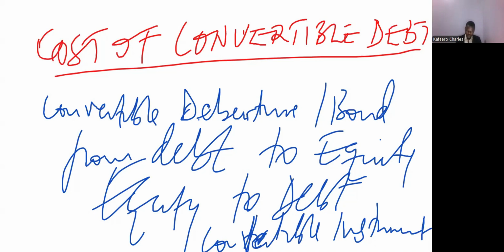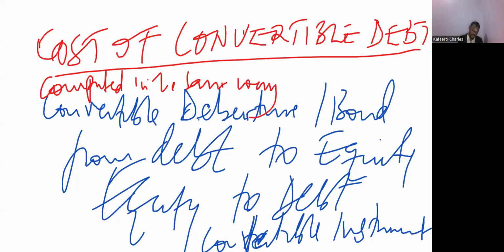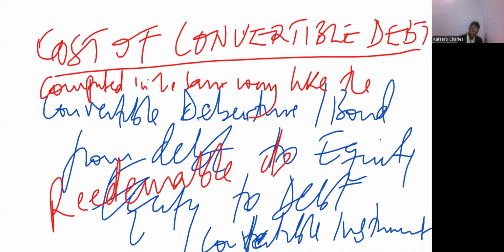So the cost of a convertible debt is computed in the same way as the redeemable debt. The way we compute the redeemable debt is the same way we compute the convertible debt.